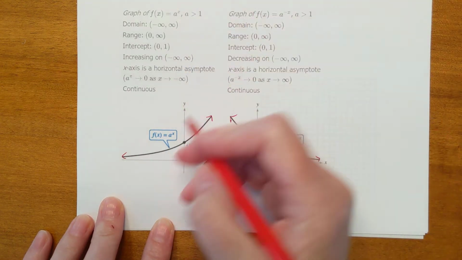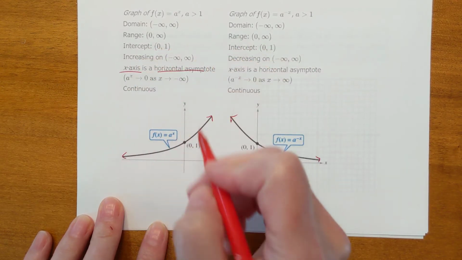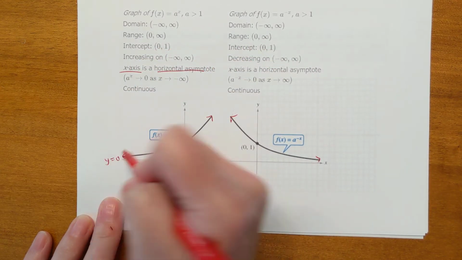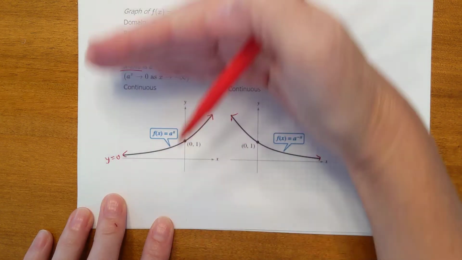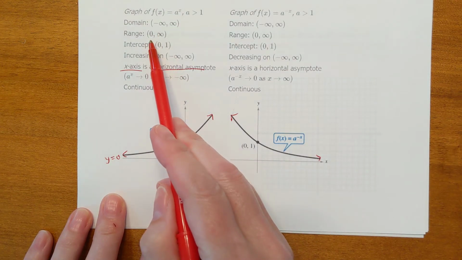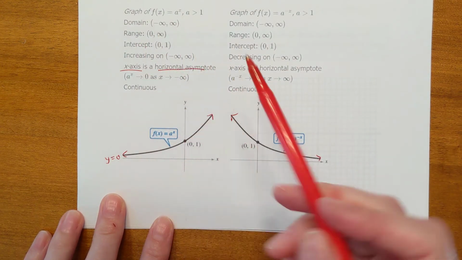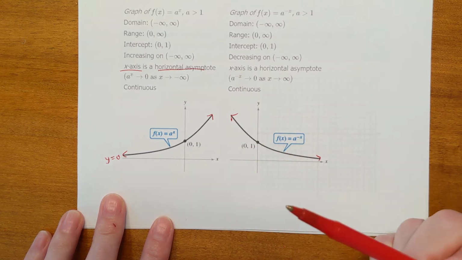It starts as low as 0. It's got a horizontal asymptote, which is the x-axis, or you could say y equal to 0. So it's starting for the range as low as 0, and then it's going up to infinity. So the range is 0 to infinity with a parenthesis on the 0. Both of these have a y-intercept of (0, 1).